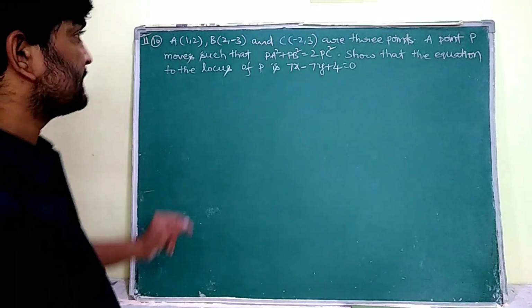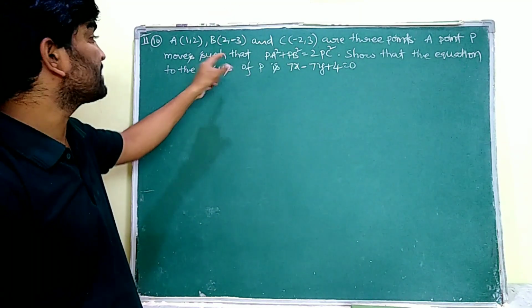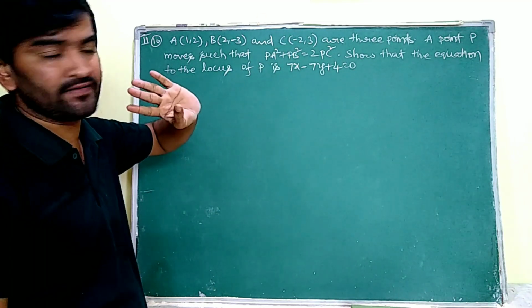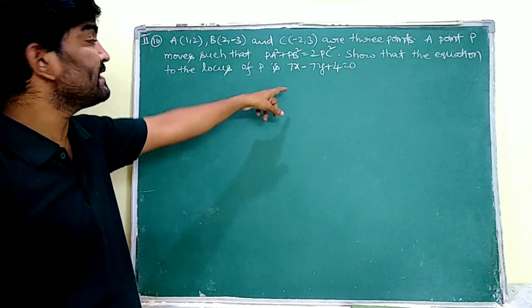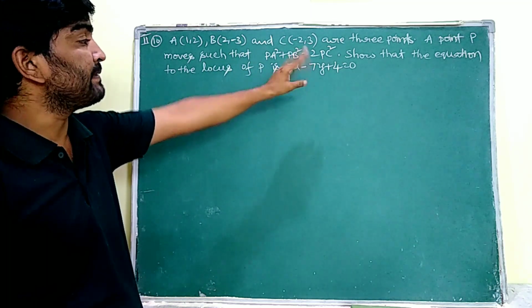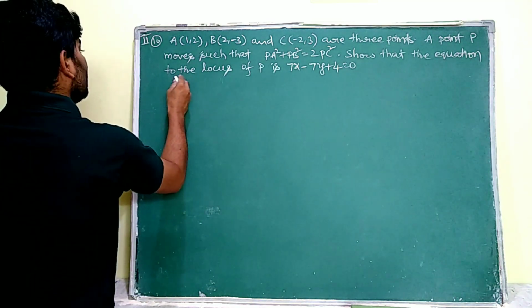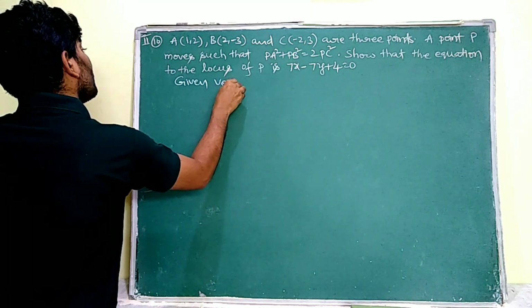See, A, B, C are the three vertices given here. A point P moves such that PA square plus PB square is equal to 2PC square is given. Now he is asking us to show that the equation of the locus of that P is 7x minus 7y plus 4 is equal to 0. So for that, firstly we have to write the given vertices.